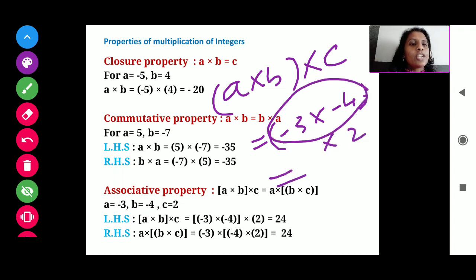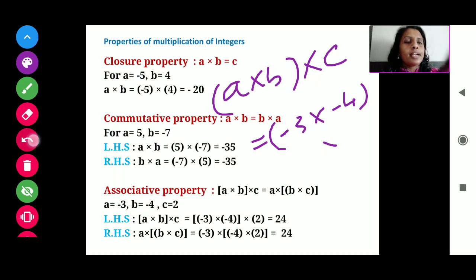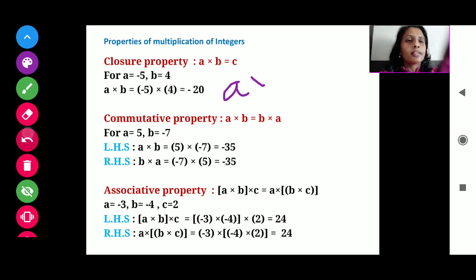Minus 3 into minus 4 will be 12. So 12 into 2 is equal to 24. This is our left hand side. Next we will do the right hand side. Look here. The right hand side is like this: a into, in the bracket, b into c.